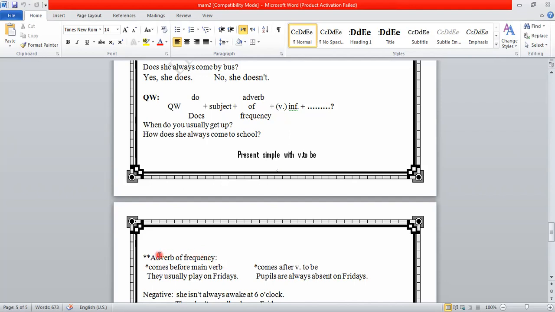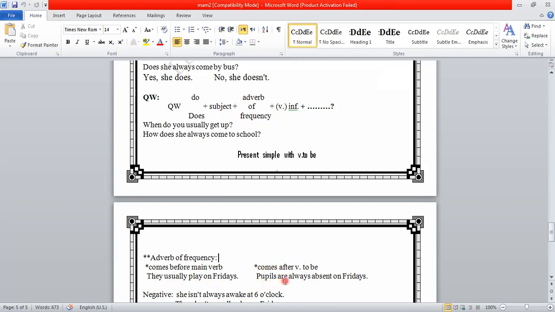Okay, let's read this note. Adverb of frequency comes before the main verb, like in this sentence: They usually play on Fridays. Here the adverb of frequency comes before the main verb play. But with verb to be, as we said, it comes after it.